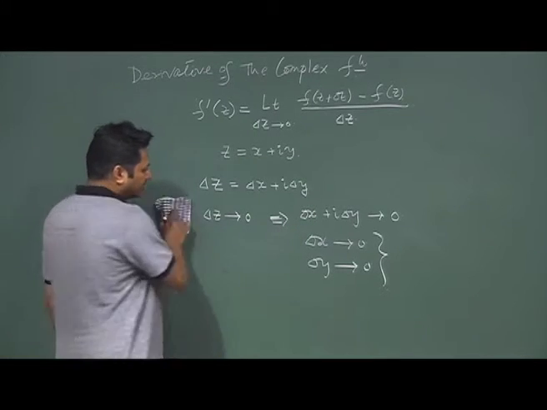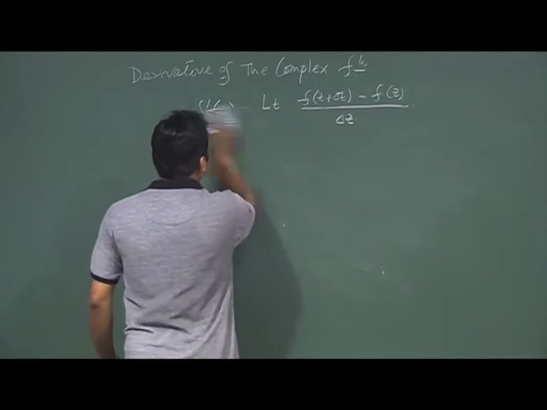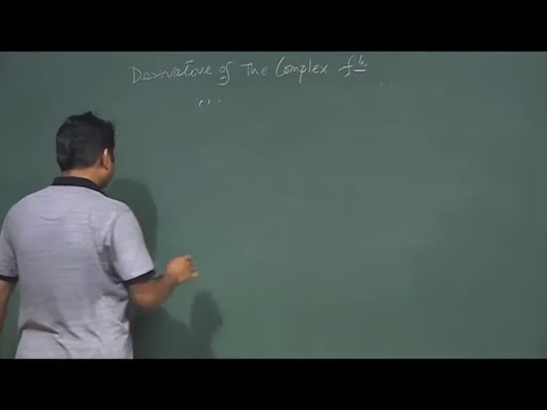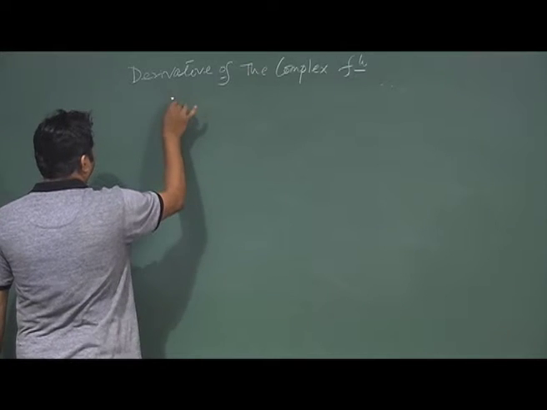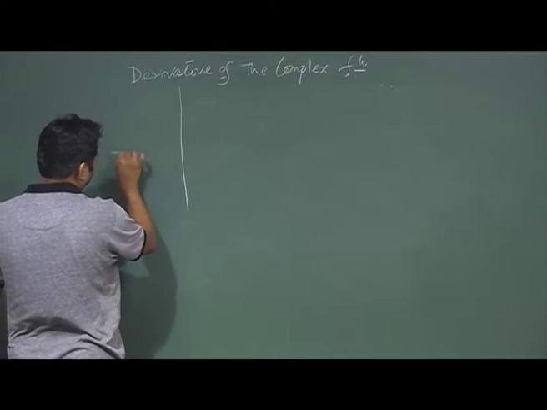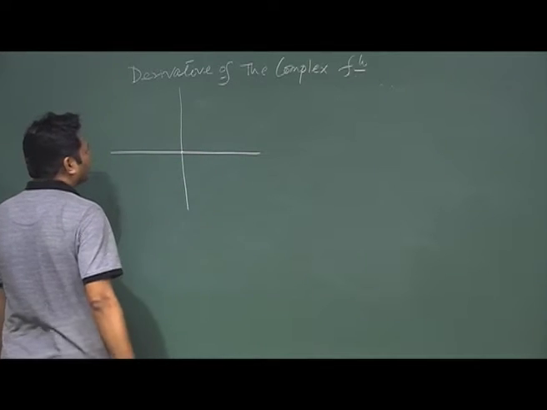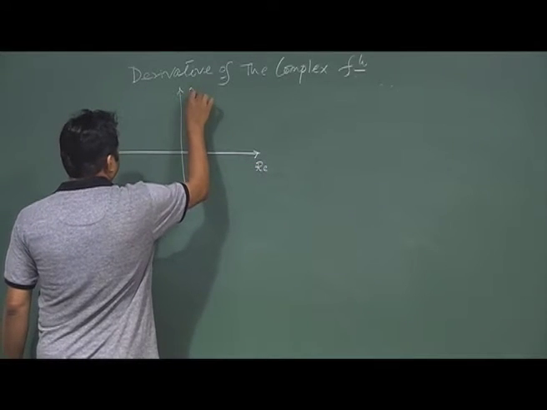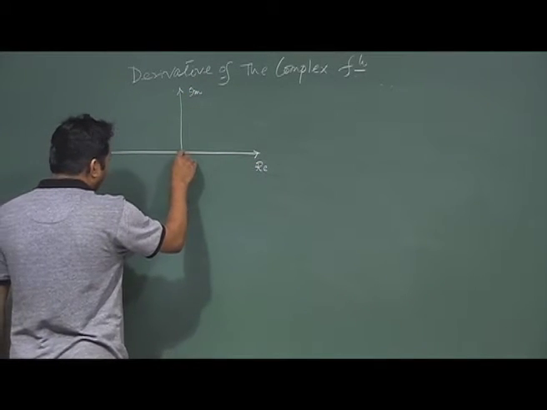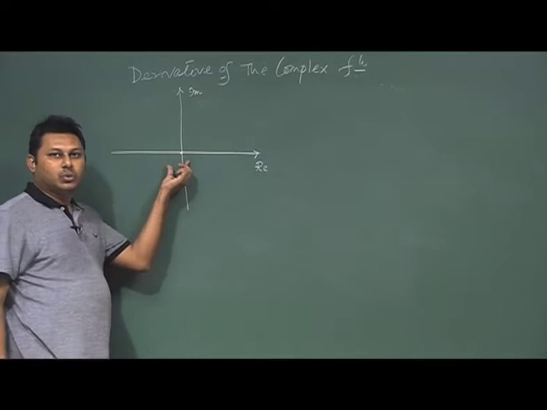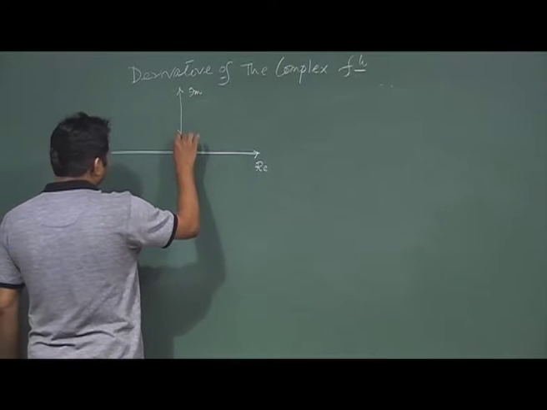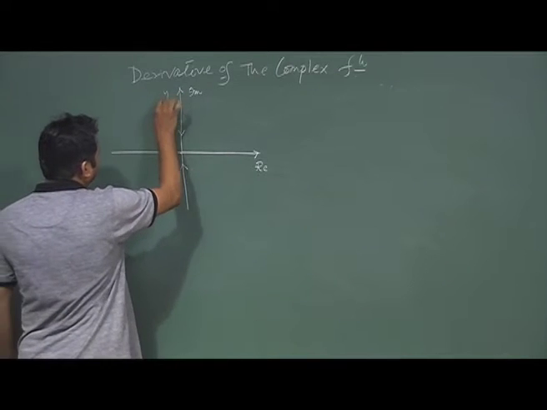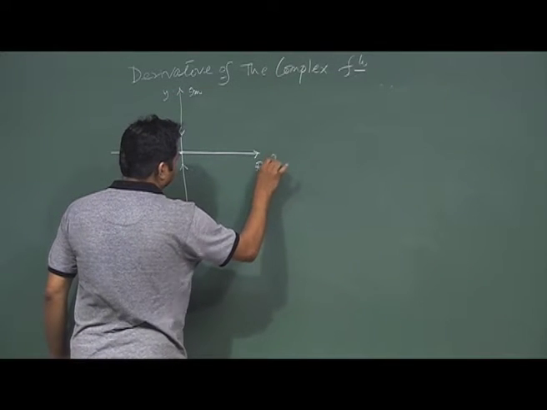So, let us just do a simple thing. This is the real and imaginary axis. If I want to go to this 0 point, one approach, which we actually did last day, is this: this is y and this is x.